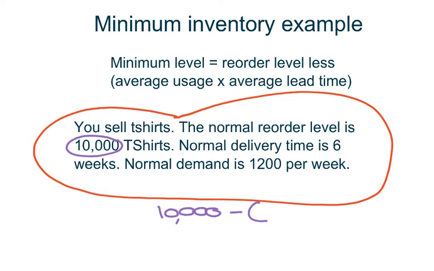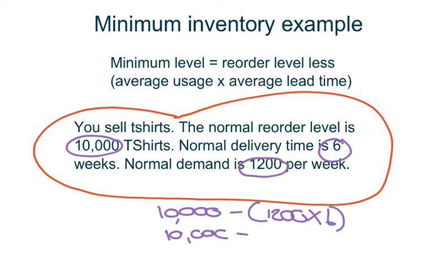And then the average usage, and they are saying the normal demand is 1,200 per week. So that is my average usage times my average lead time. And they are saying the normal delivery time is 6 weeks. So times 6.